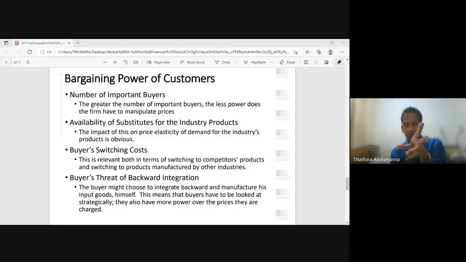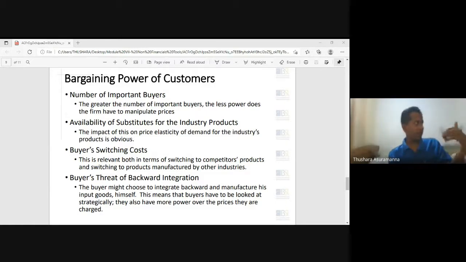Let's say you are exporting your garments to the UK or US, and only 2 or 3 companies are the buyers. If they say no, if they delay, if they raise quality issues, if they reduce the order, it has an impact on you, because you are too dependent on these 1 or 2 guys. Obviously you get higher margins, but since you are dependent on 1 or 2 guys, you are at risk.